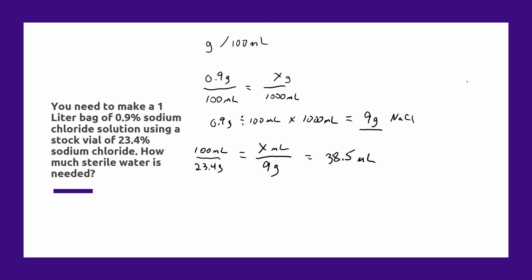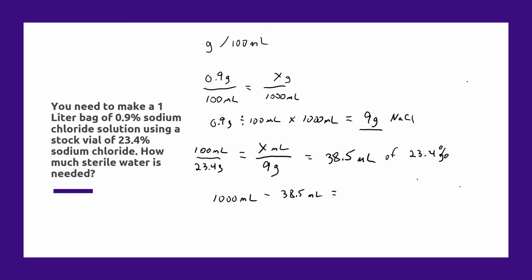So we know this is the volume of the 23.4% solution that we need to make that 1 liter bag. Now that we know that, and we know we need to make a 1,000 milliliter bag, because 1,000 milliliters is equivalent to 1 liter, we just take 1,000 milliliters and subtract that 38.5 milliliters.